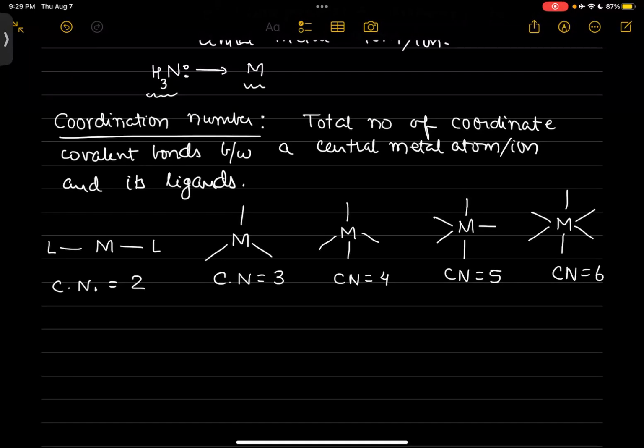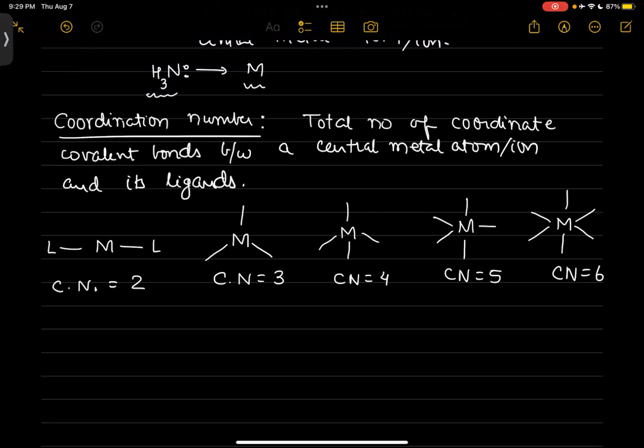Clear? Now, these are the bonds which are formed between the ligands and the metal, and this number of bonds, more precisely, are coordinate covalent bonds.